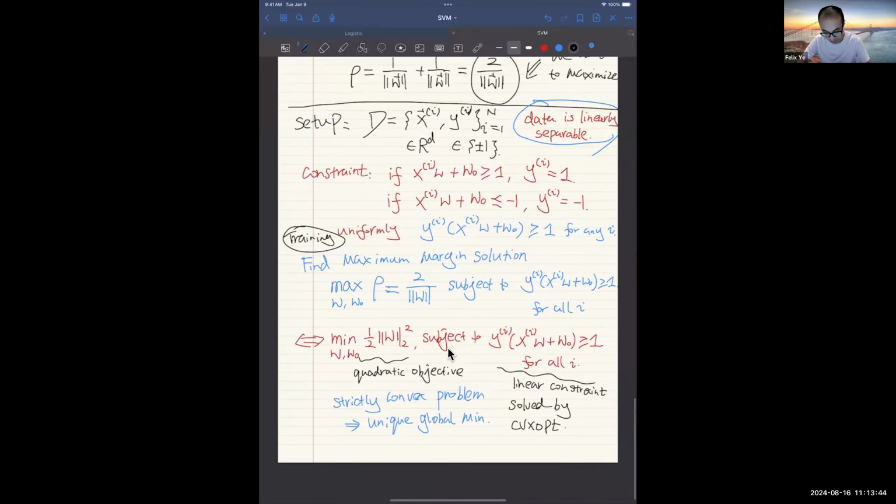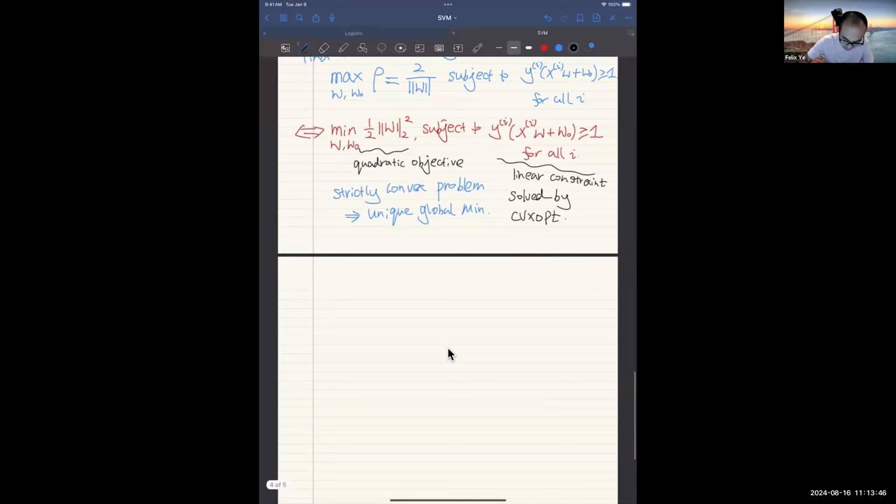And not only the training, we also need to make predictions. So for example, if you are given a new data point and we need to predict a class, basically, if we already found the optimal w star and w0 star, we can predict.